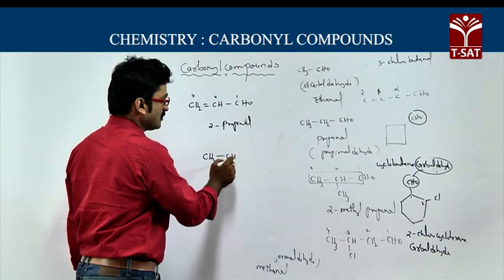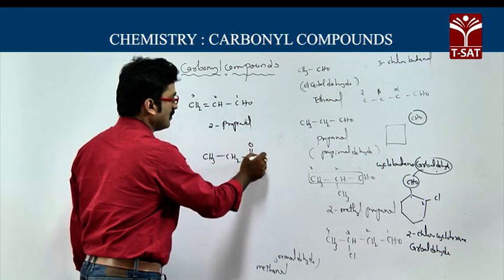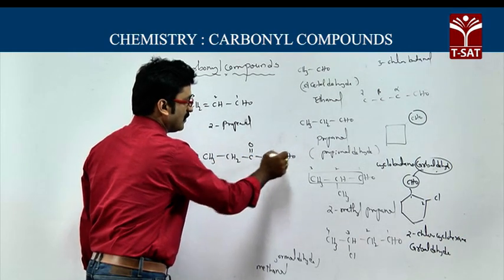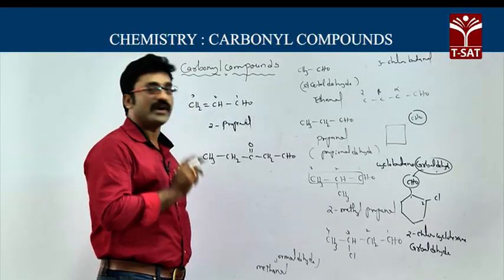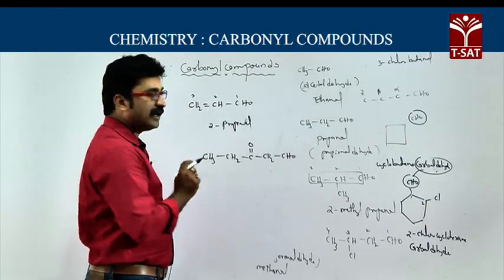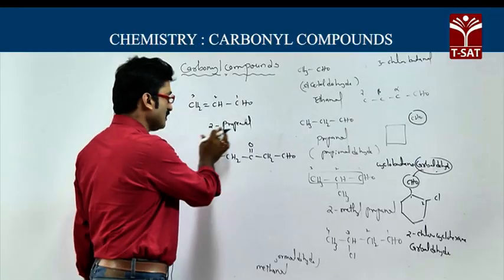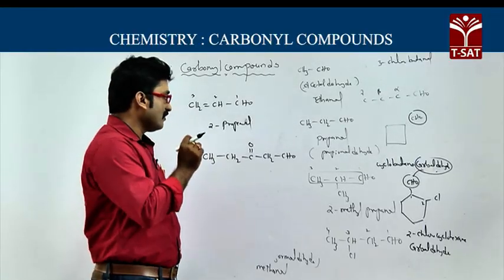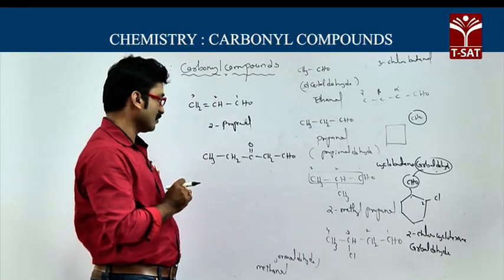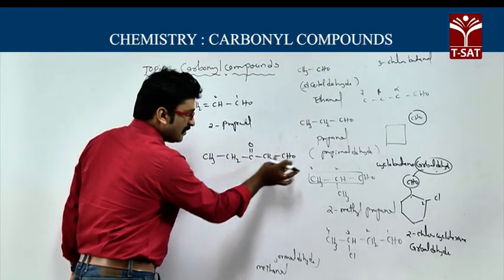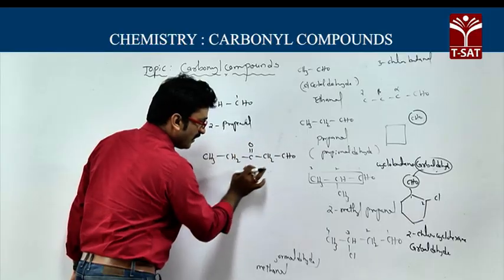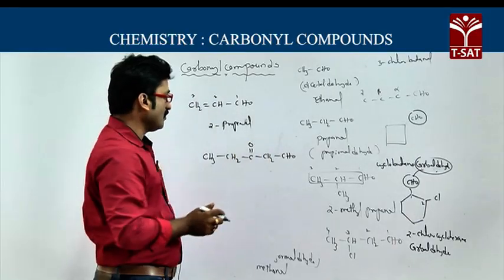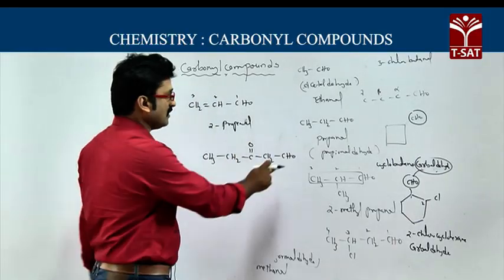Okay, now we'll take one more example. CH3, CH2, C double bond O, CH2 and CHO. Now you see here two function groups are there in this compound. Whenever two function groups are present in a given compound, you have to select one function group as the principal function group. You know that among aldehyde and ketone, the principal function group is aldehyde.